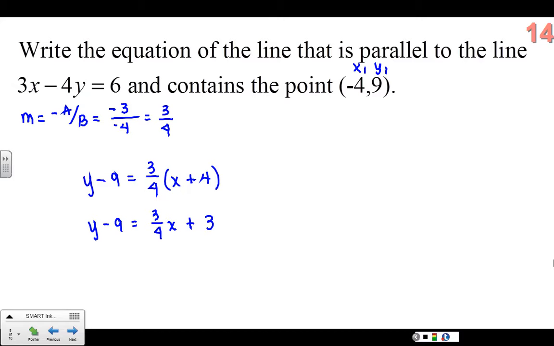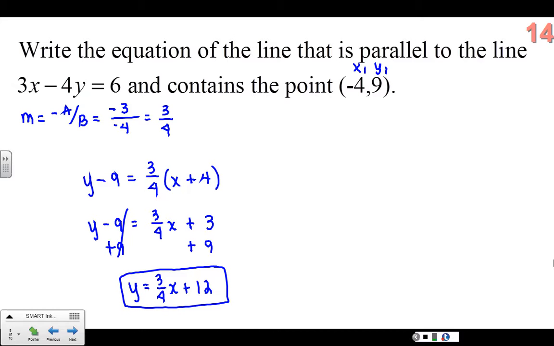And then the last step, add the 9 over. So y equals 3/4 x plus 12. Now, if they asked for the answer in slope-intercept form, then this is what you would leave. That's your function, your functional form.